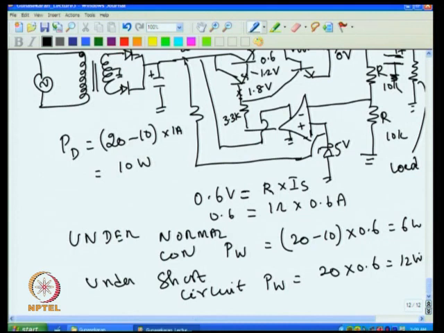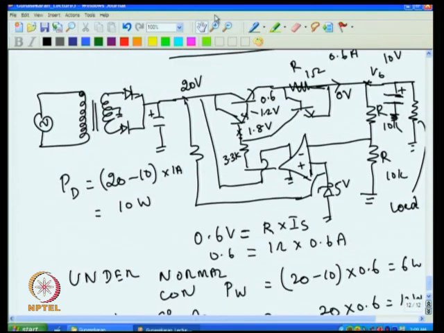You see the point here: under short circuit, even though we have limited the current flowing through this, the power dissipation is large, and this can go extremely high if a high current regulator is made or the voltage is high. More important, we would have designed our heat sink for normal heat dissipation, that is 6 watt.